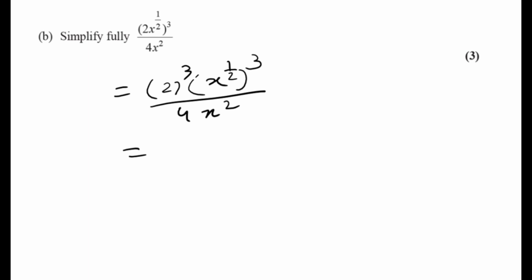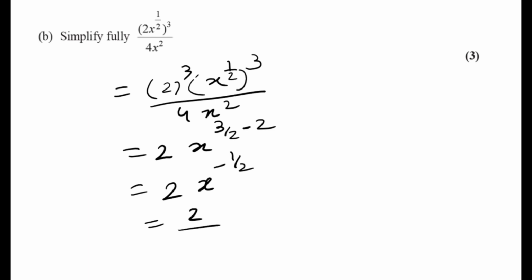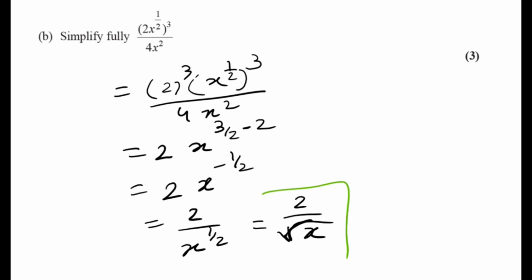You know 2 cubed is 8. 8 divided by 4 will give you 2. x to the power 3 over 2 minus 2, because for division we have to subtract the powers. 2x to the power minus half. Now, simplify fully means we don't need this negative power. So we can write 2 over x to the power half. And I know half power is a square root. So this is our final answer.